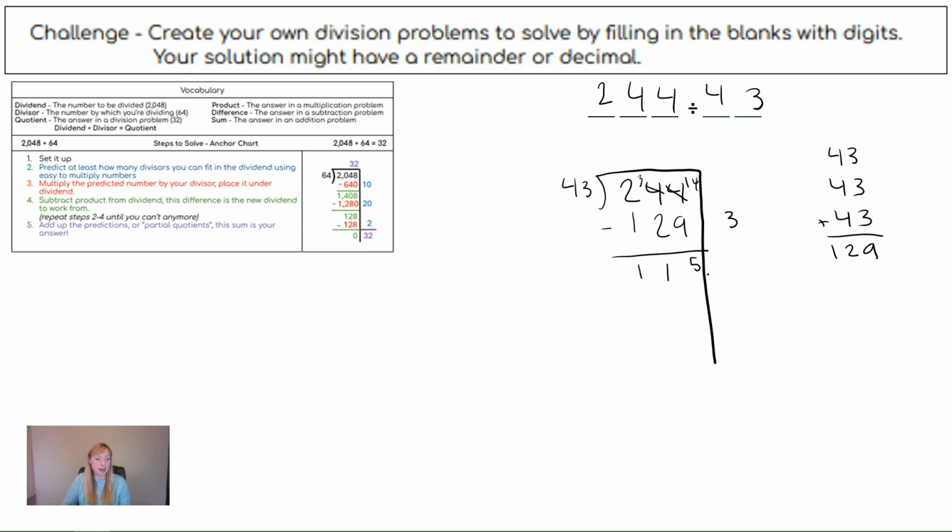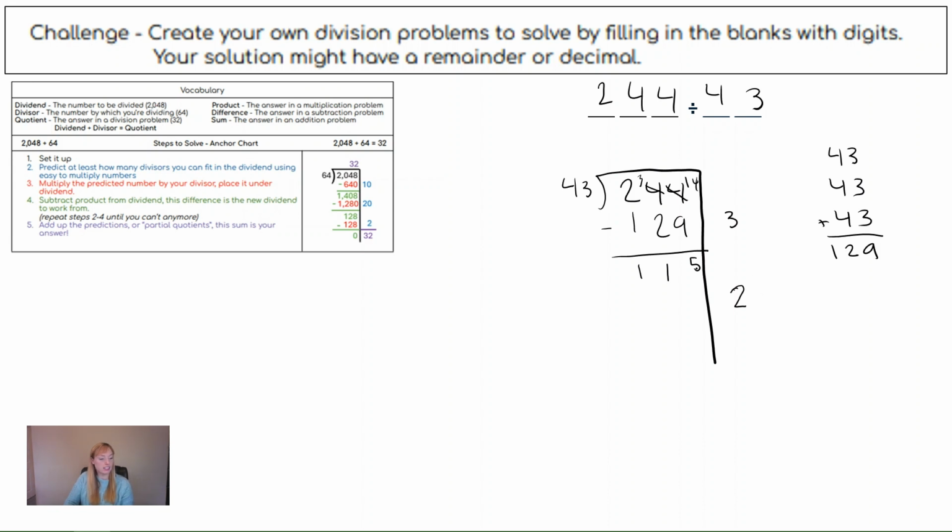I'm going to repeat the steps since 115 is greater than 43. Step 2, predict at least how many groups of 43 I can fit in 115. Well, I know it's going to be at least 2 because 3 gave me 129. So 2 groups of 43 should fit.